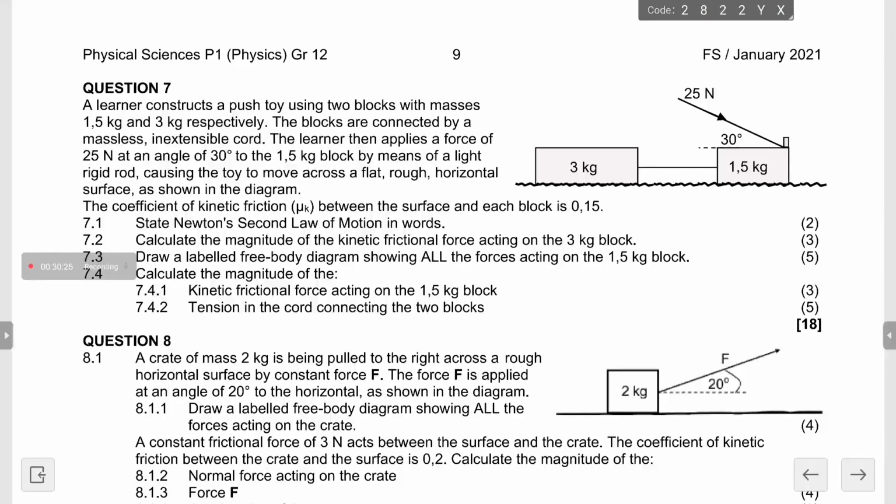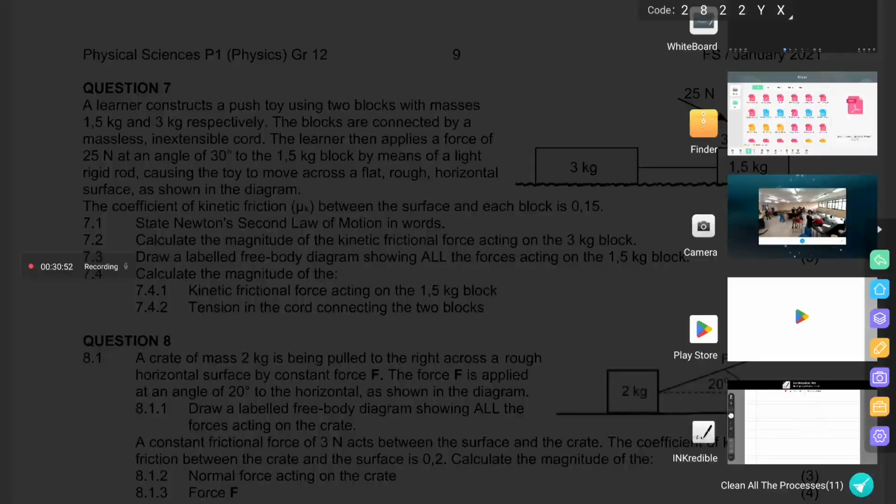So the mass is 1.5 kgs, and the one that we are dealing with right now at the moment, and then the applied force, or the force being exerted, is 25 newtons at an angle of 30 degrees. Hopefully this information will be easily remembered, as we'll be dealing with problem solving on the other page.